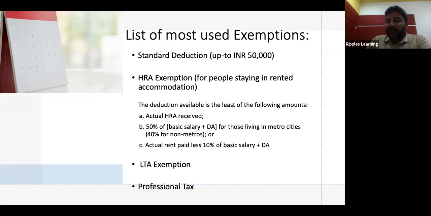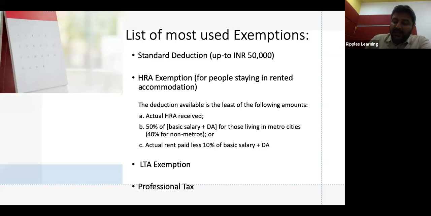So let's say, what is the actual rent you are paying? Let's say actual rent is 20,000 rupees per month. So in a year you are paying 2,40,000 minus 10% of basic. Now what is your basic per annum? Actually, let's say you're earning 1 lakh per month.